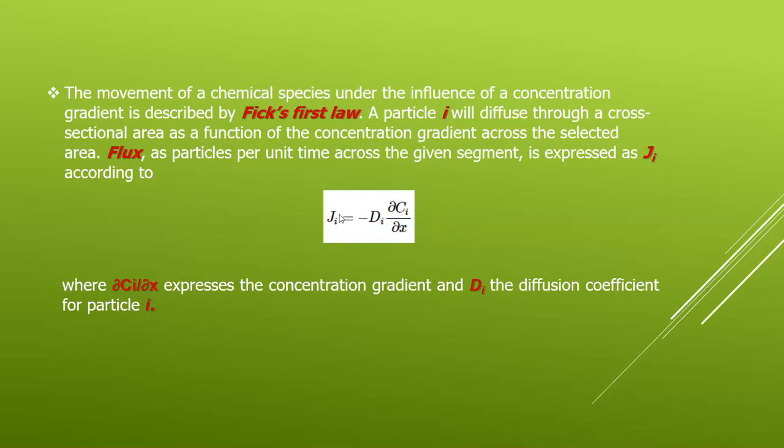That I will explain later, but this one is generic. Now, the partial derivative of the concentration of I with respect to x, which is the distance, expresses the concentration gradient, and D sub I is the diffusion coefficient for particle I.